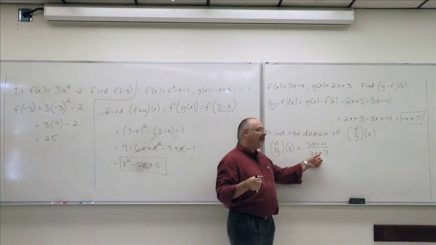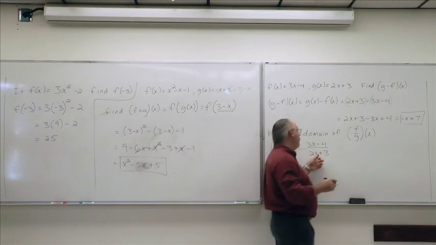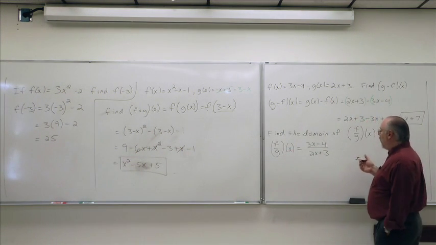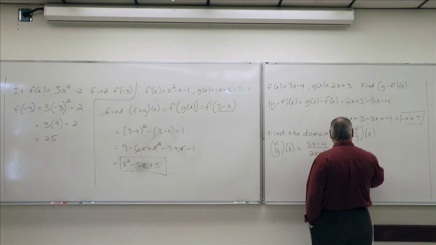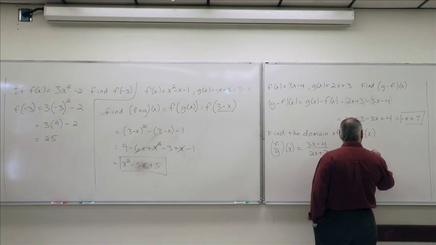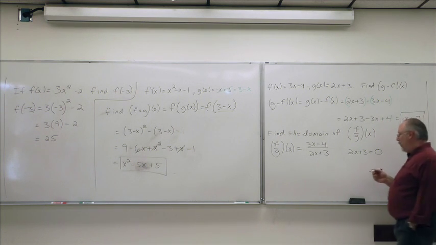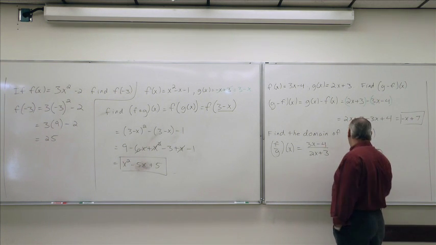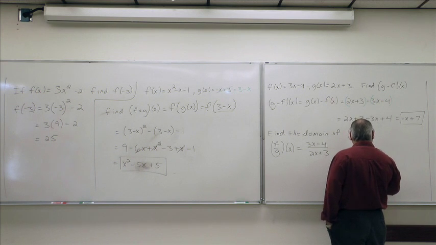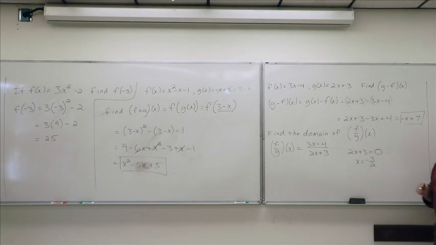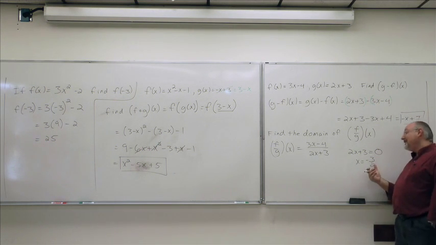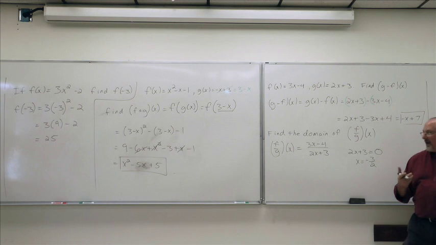You cannot divide by 0. So what would happen if the denominator, 2x plus 3, was 0? This would be undefined, and x would end up being negative 3/2. Now, depending on your instructor, there are several different ways to write that.